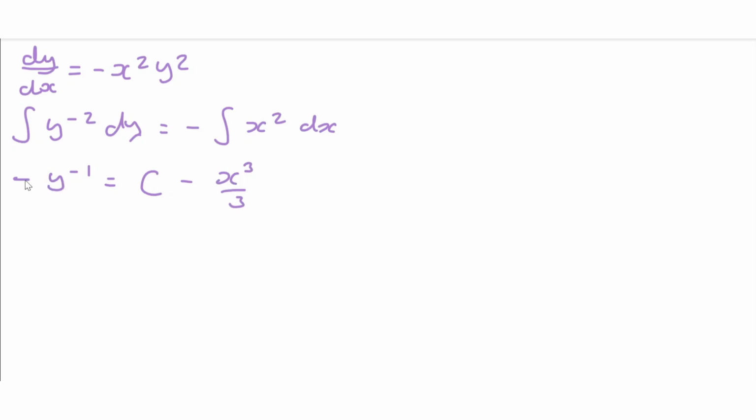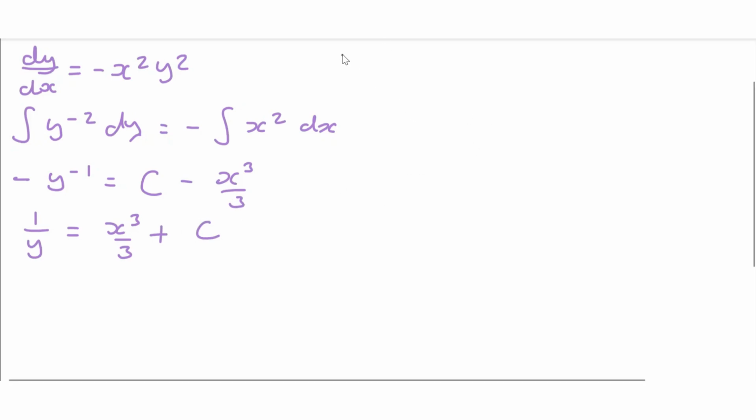I'm just going to multiply through by minus 1 so that I get 1 over y is equal to x cubed over 3 plus c. Bear in mind this is okay, seen as this should swap to x cubed over 3 minus c, but then I'm just renaming the constant minus c as c because this doesn't matter.